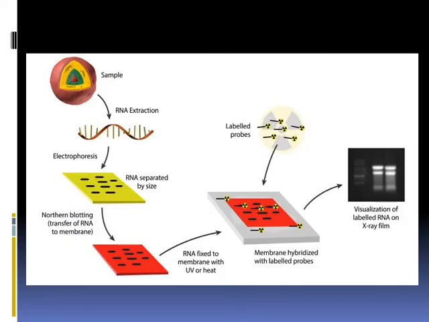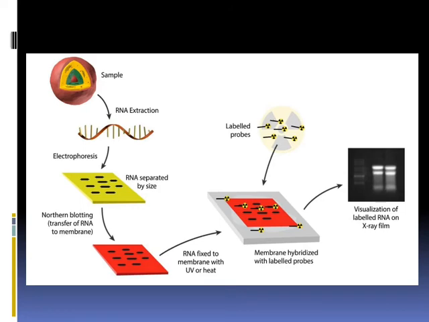Same thing. So the sample is collected from the cell of interest. The RNA is extracted and then electrophoresis is run. The RNA is separated, then in Northern blotting, the RNA is transferred to the membrane. The RNA is fixed to the membrane with UV, ultraviolet, or heat.